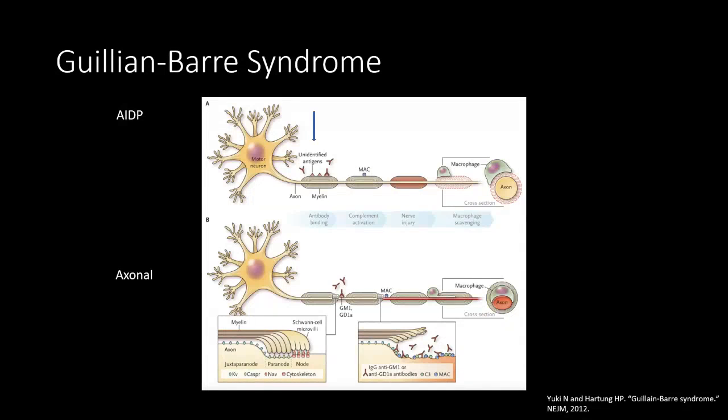And then the animal model, which is EAN, experimental autoimmune neuritis. This is more of a T-cell mediated process, and mice who have this experimental state induced look like GBS patients. So it's probably a combination of the two.